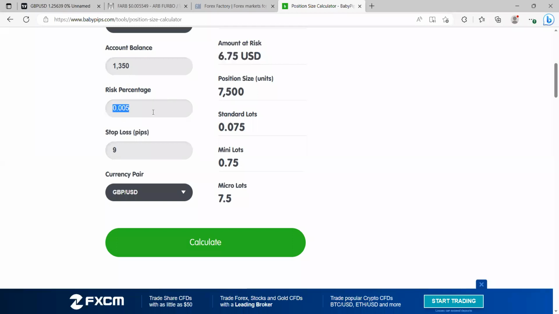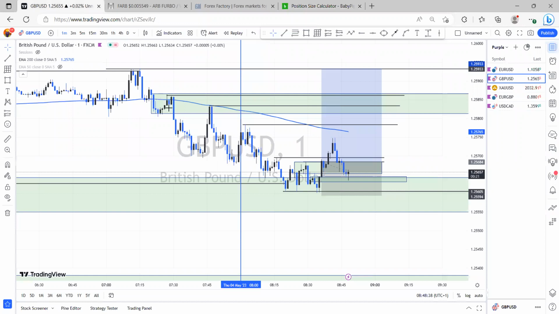And if you want to risk 1% from your account and you calculate it, that means you'll be risking $13.5. Do you see? Risking $13.5 when you are using 0.15 standard lot. Okay, always use this position size calculator. If you don't know how to do it offhand, always use the position size calculator.